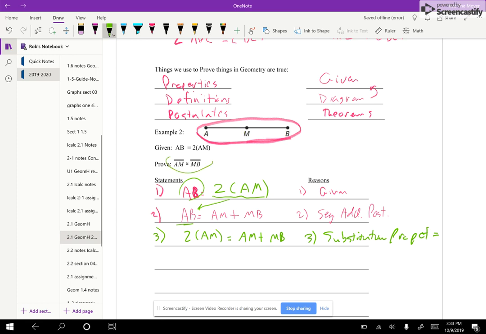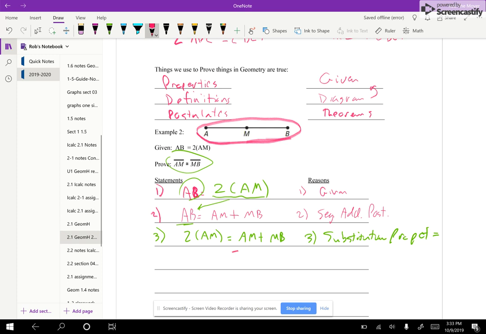Somehow we want to get things that look like this. We're going to get AM equal to MB, okay? Do you guys see what we're going to do? Sorry, I don't know what I'm doing there. My bad. I keep getting messed up.